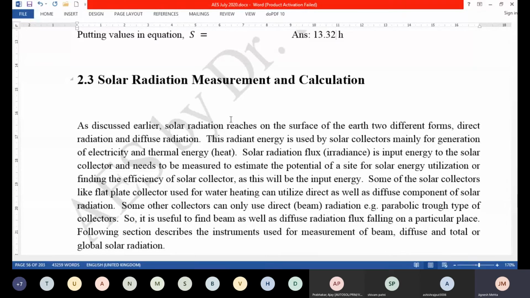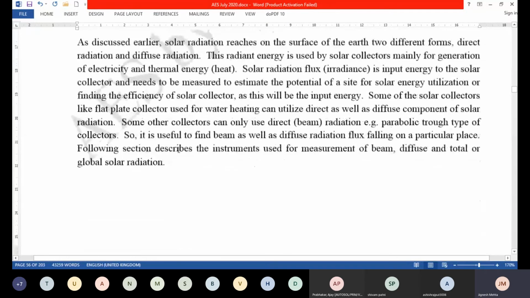But if you are performing some experiment, testing a collector, then you might be interested to know the solar radiation intensity in watt per meter square during that period of time. That gives the input energy to the collector, and you are measuring or calculating the output energy from the collector, and you can get the efficiency of your collector. So measuring the solar radiation is also of interest.